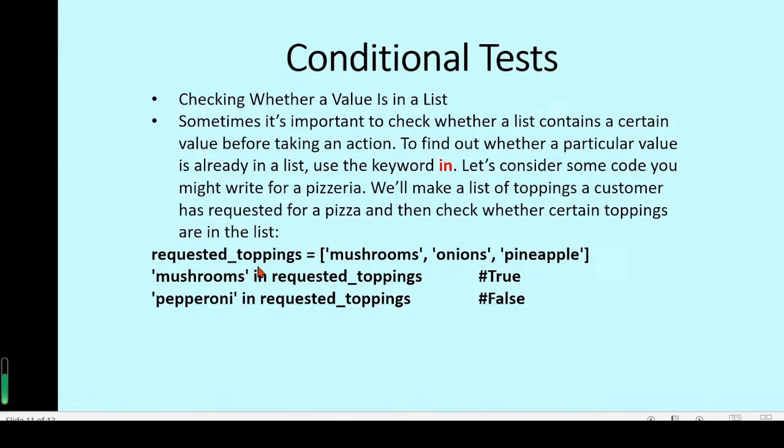So this is requested toppings with 3 elements, a list. Then we will run the conditional tests. Mushrooms in requested toppings. This is true because mushrooms is in the list. But if we run pepperoni in requested toppings, we'll get false because this list does not contain pepperoni.